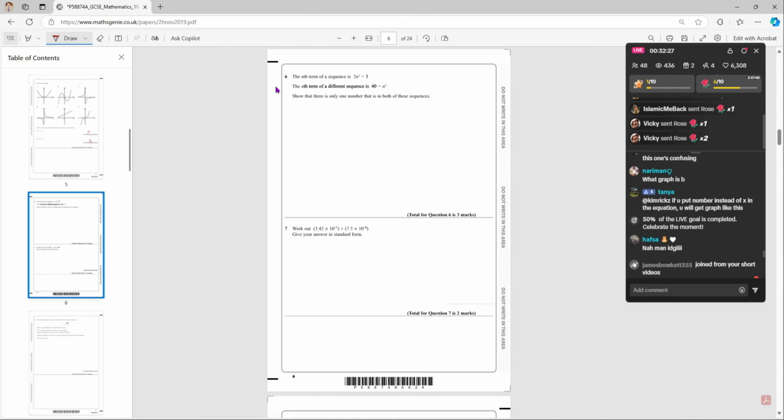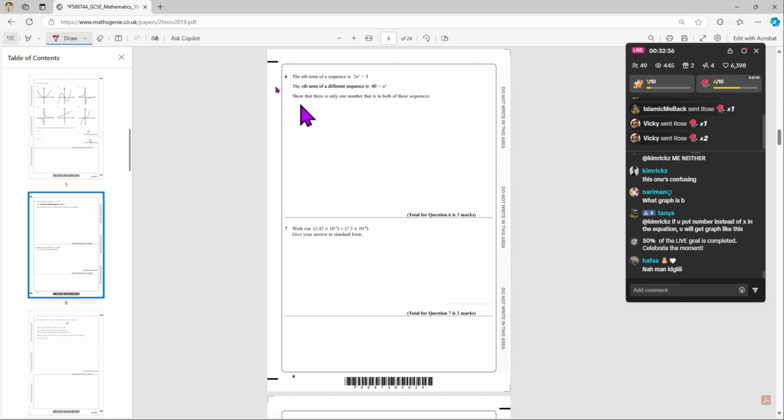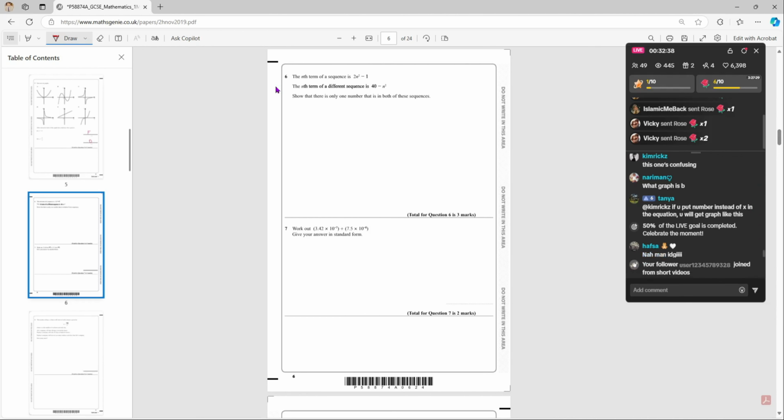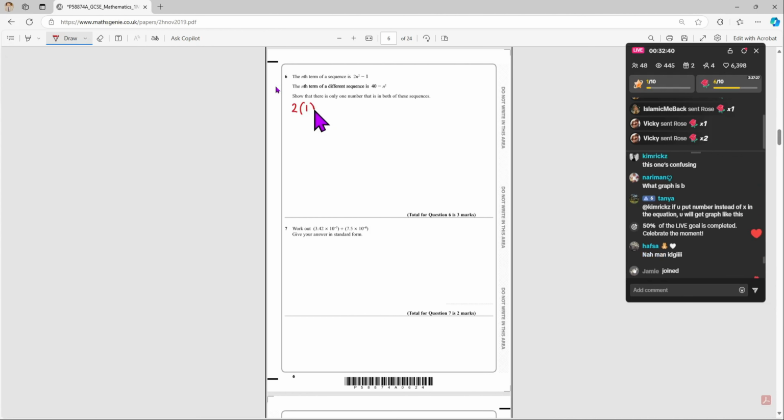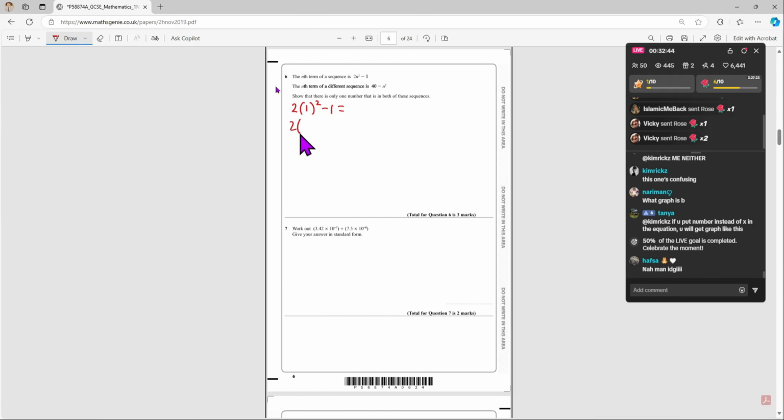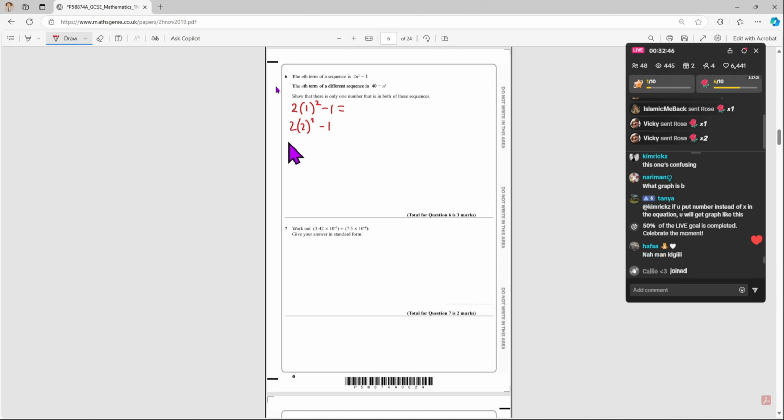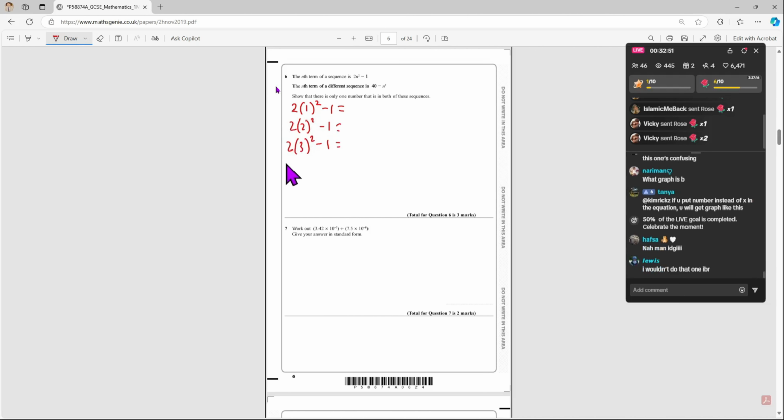So the way you would do this basically is literally list them out. Since this is a calculator paper, you can just list them out, so it can be trial and error. So we're going to do 2 times 1 squared minus 1, and we're going to do it for every single value going up, and we're going to see which number they have in common.